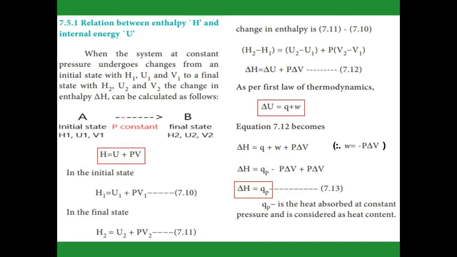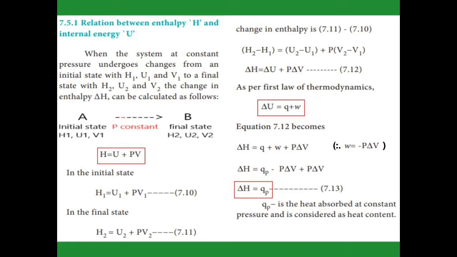So H is equal to U plus PV, and initially we have H value H1 and U value U1, and the P value never changes, so P, and the V value is V1. So we get equation 7.10. In the final state the equation is H2 equals U2 plus P V2. Everything has changed in the final state except the pressure value.